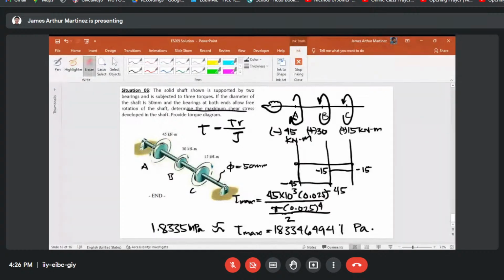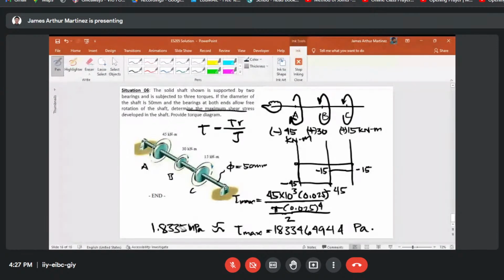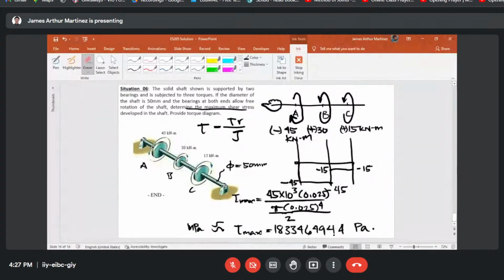So, this is Pascal na dayon kay Newton man ni siya, no? Newton per meter squared. So, if in megapascal, so ma-outro ni siya, no? So, 1, 2, 3, 4, 5, 6. So, 1,833.464 megapascal, no? So, either way, both are correct.